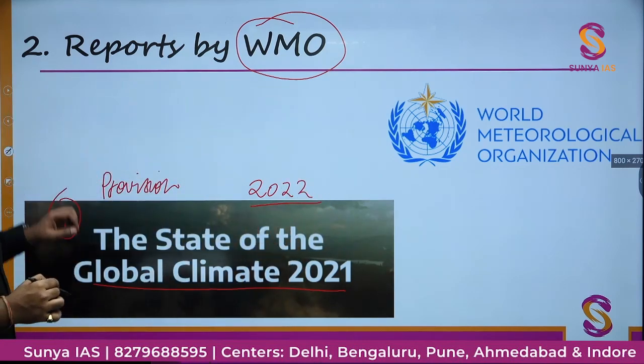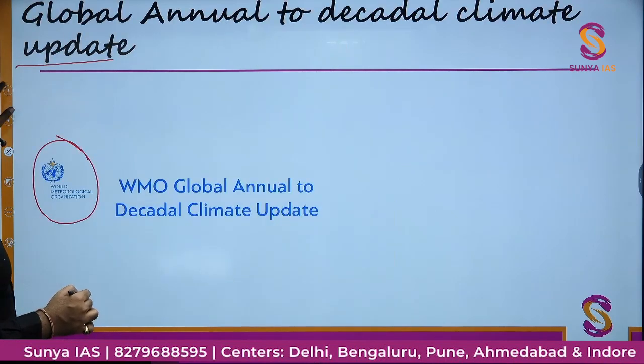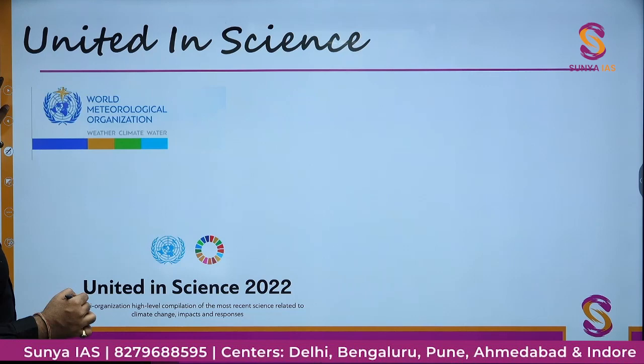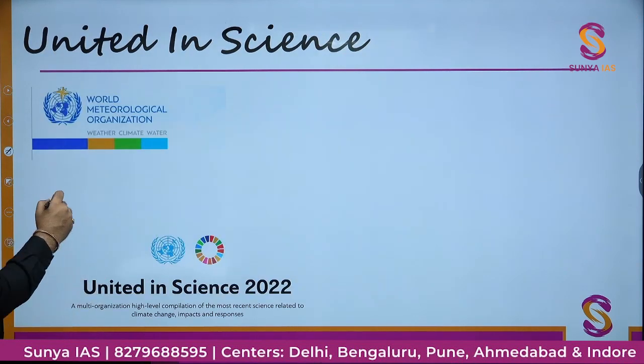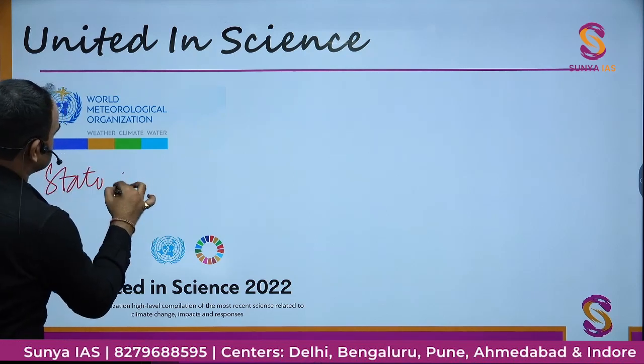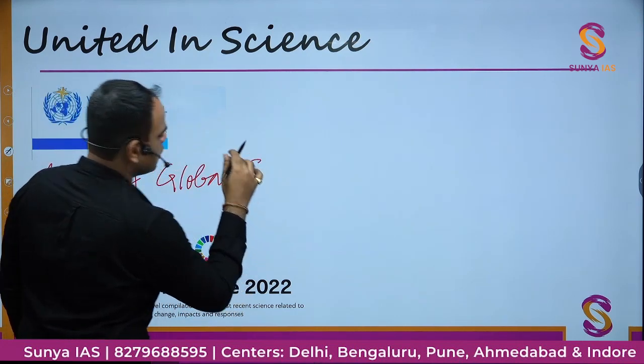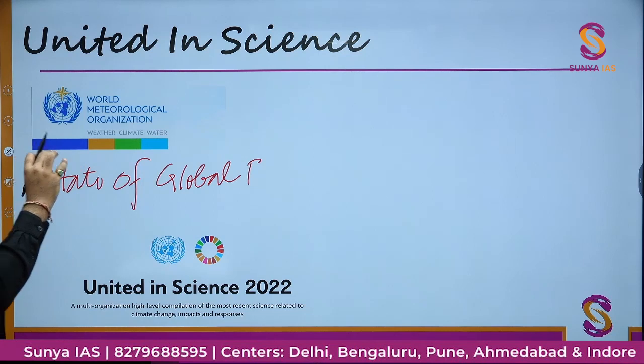So that again gives a giveaway, and there is also one more report which you can write down additionally before we cover United in Science. The name of that report is the State of Global Water Resources report.